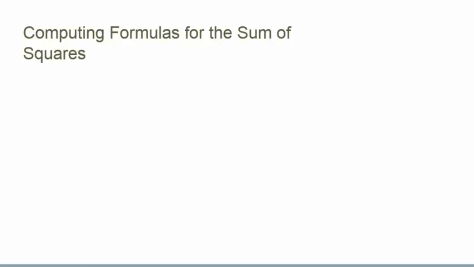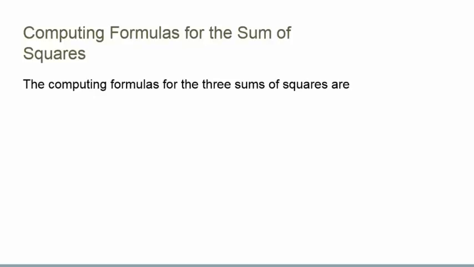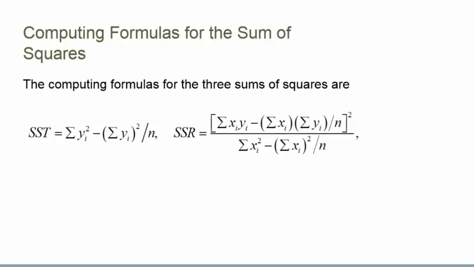Computing formulas for the sums of squares. The computing formulas for the three sums of squares are: SST equals the sum of y sub i squared minus (the sum of y sub i) squared divided by n.